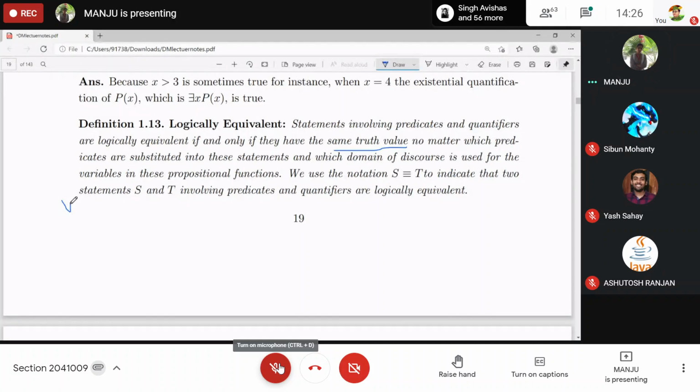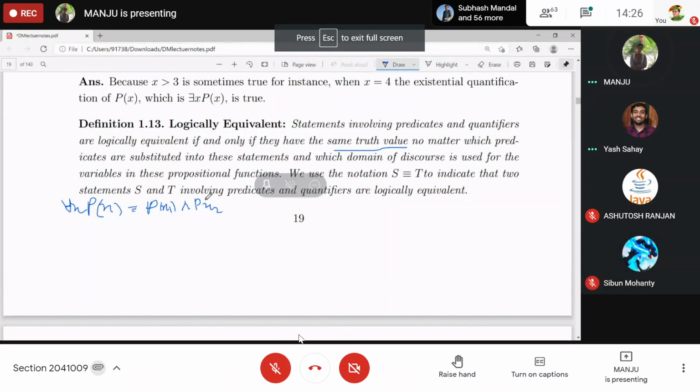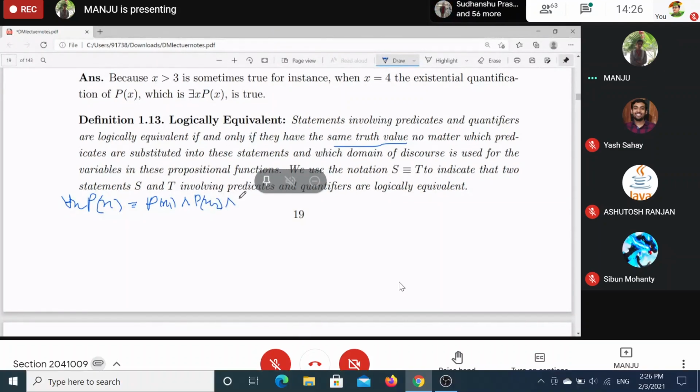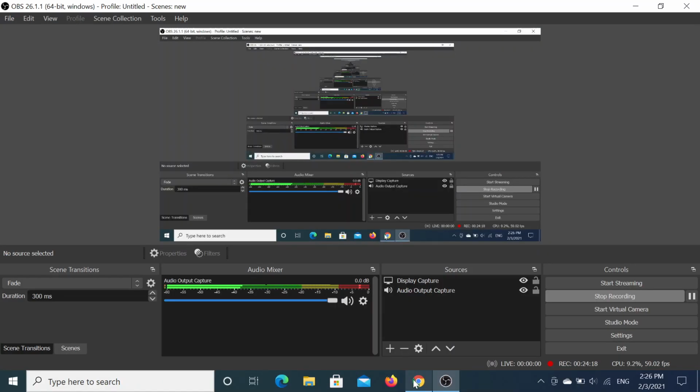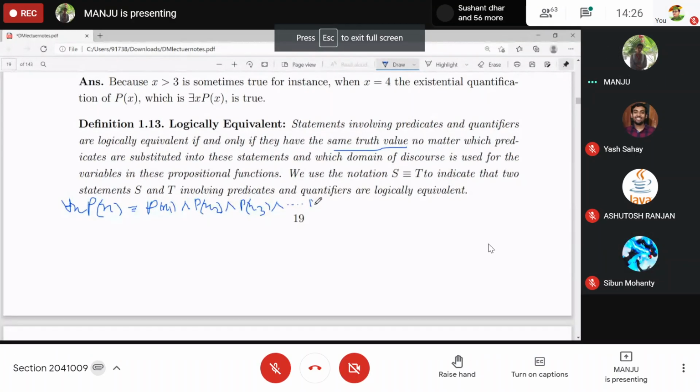For all x, P(x) is logically equivalent to the conjunction of P(x). If your domain contains x1, x2, and xn, it will be the conjunction of P(x1) with P(x2), P(x3), and so on up to P(xn).